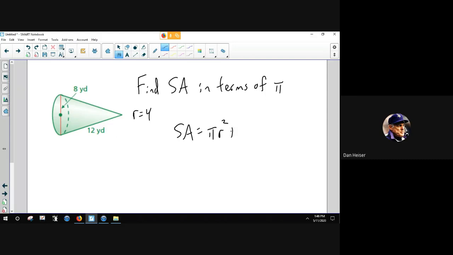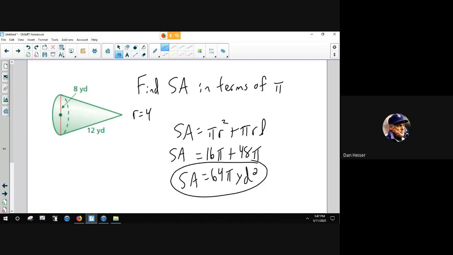Pi r squared plus pi r L. Since a cone has one formula, we can simply plug things in. R squared times pi, r L times pi, our surface area then, 64 pi, and that is square yards.